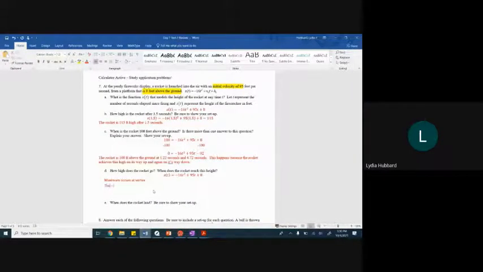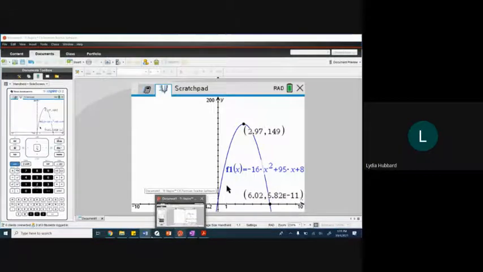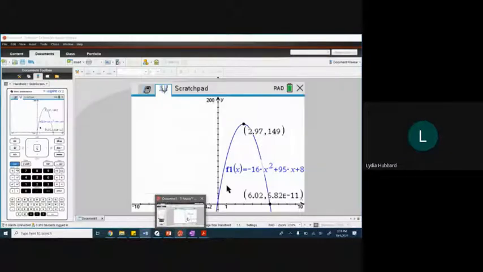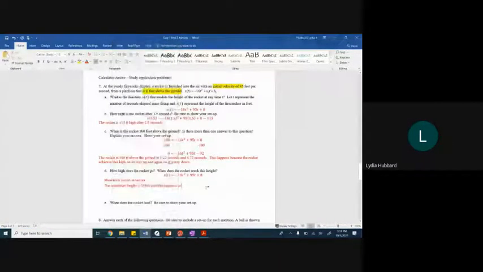So the maximum height is, sorry, I just forgot it, 149. So 149 feet. And this happens at 2.97 seconds.